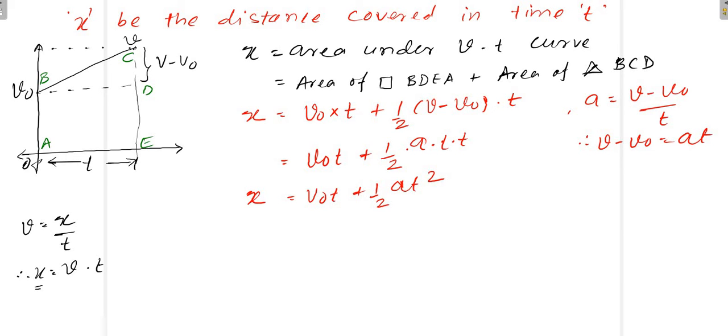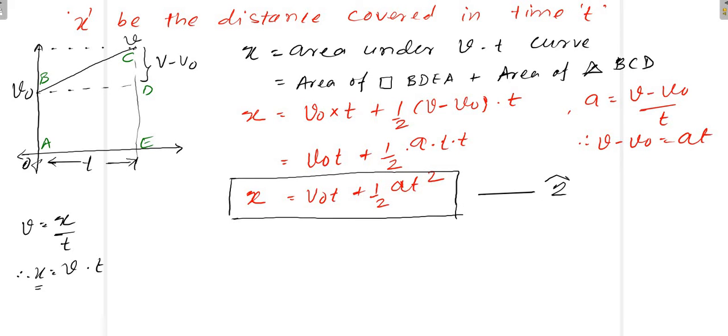So distance x can be calculated using this very commonly and popularly used formula. We'll see how to solve examples using it. This is equation number 2, where distance x is v0t plus 1/2 at square.